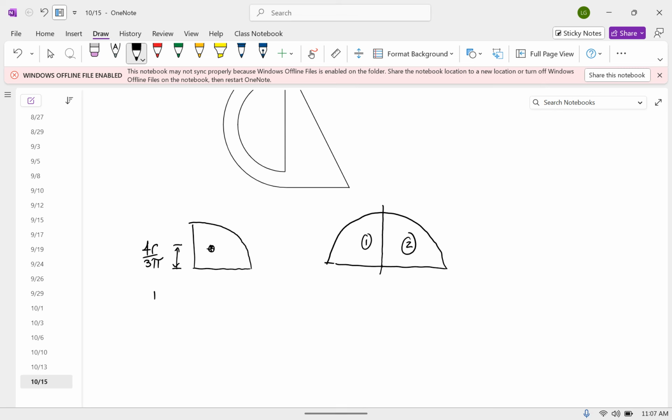So for piece 1, the area is pi r squared over 4, and the y centroid for 1 is 4r over 3 pi.